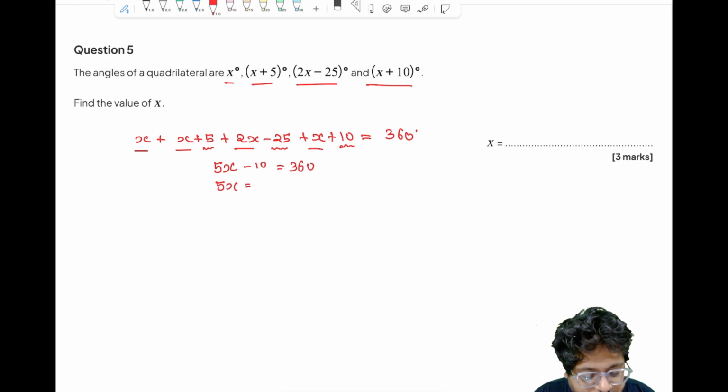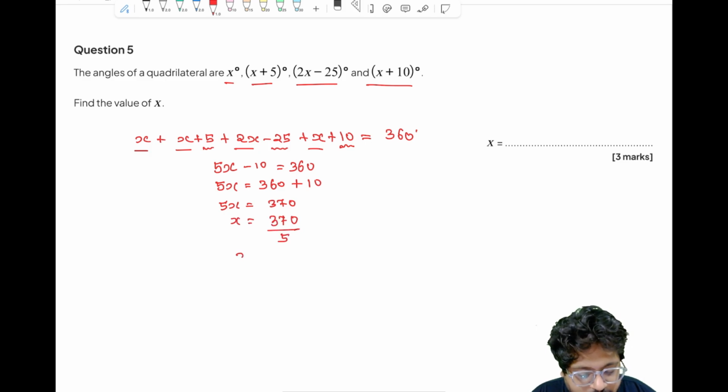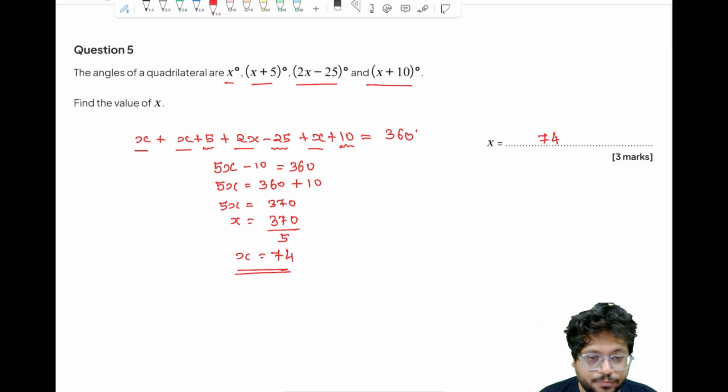So 5x is equal to 360 plus 10, so that is 370. So 5x is equal to 370, and this 5 will go in division, so 370 divided by 5 is 74. So the value of x is 74.